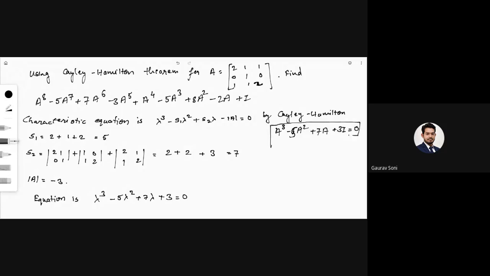You have to be very careful, since we have A raised to 8, A raised to 7 and this kind of thing in our equation. What we'll do is adjust this equation and make it 0. And how do I adjust it?